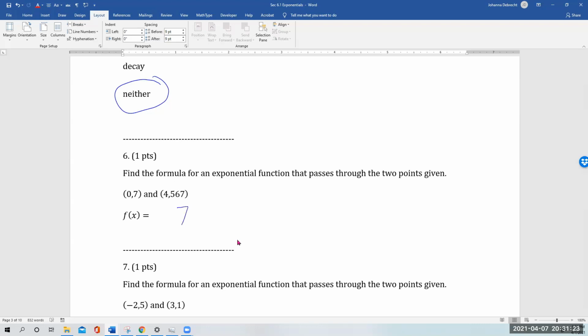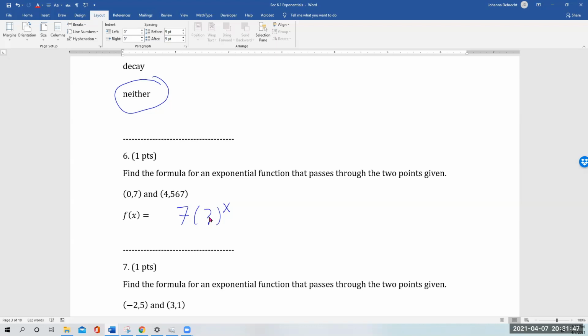So far we know that we have 7 times some number, which is unknown, raised to the x power. Again, we know that because the variable x will be 0 in the initial time period when time equals 0, and 7 tells us how many there were present at that time period. Now, how can we figure out the next thing?